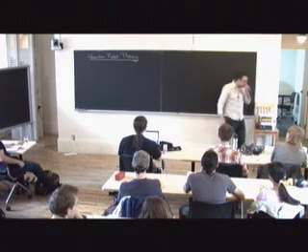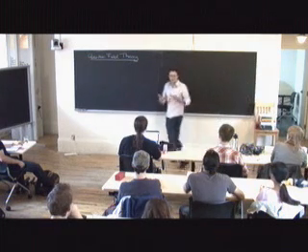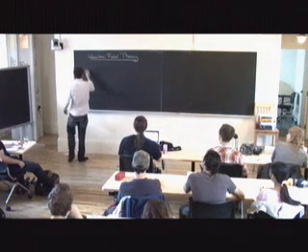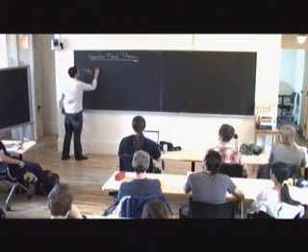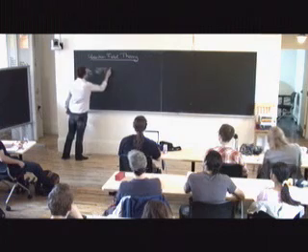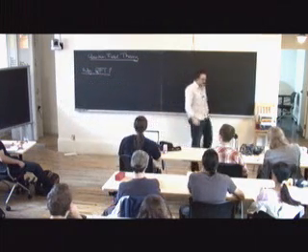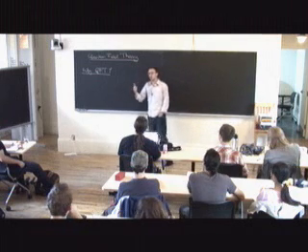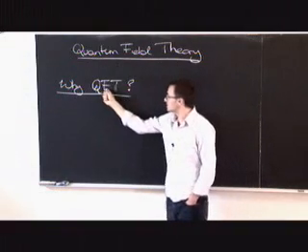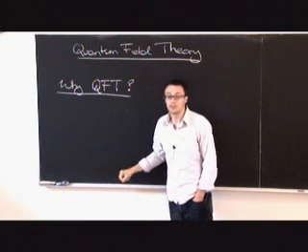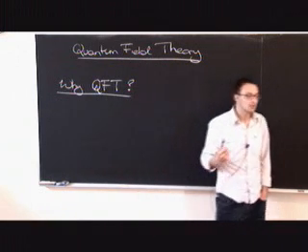Good. So let me start by telling you why this is the right way of thinking. Why quantum field theory? There's a bunch of different answers to this. Firstly, there's a zeroth order answer, which is for the same reason that people introduced fields in classical physics, and that's because of locality.